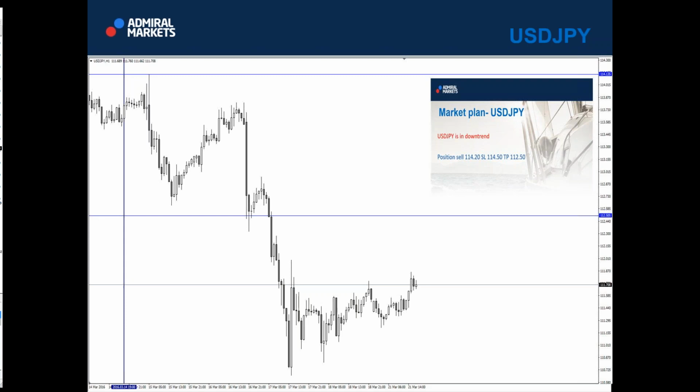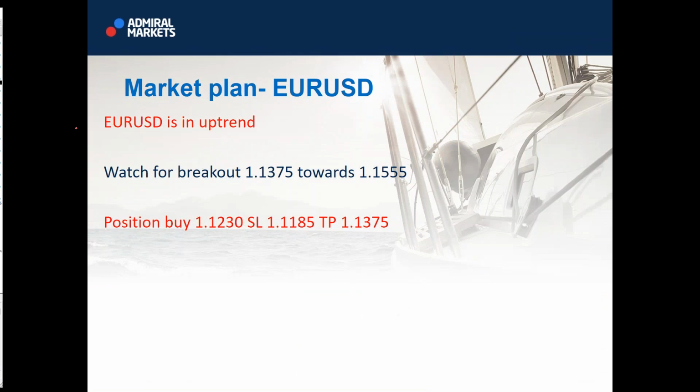Well, guys, this is the trade that might go. You see, it's going on at this point. 112.30, 111.85, 113.75 on euro dollar. Because there is a lot of volatility, I recommend 0.3% for this trade. This is what I see.